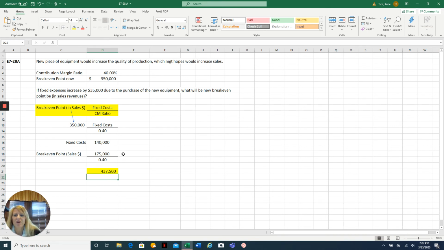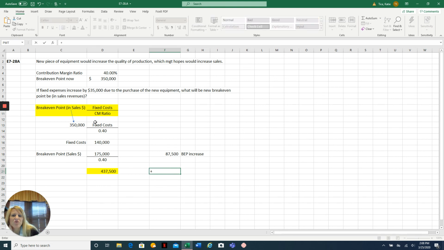The other thing I just wanted to mention is this is one way that you could have solved the problem. In some of the problems, or often, there are numerous ways that you can solve the problem. The other thing you could have done over here is you could have just looked at, if our fixed cost increase by $35,000 and our contribution margin ratio is 0.4, that means our break-even point would increase by $87,500.